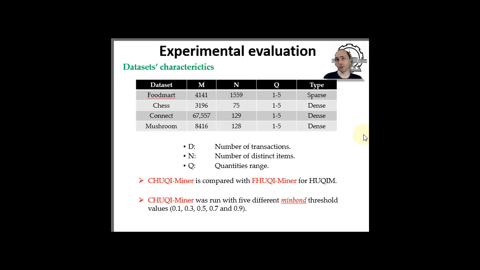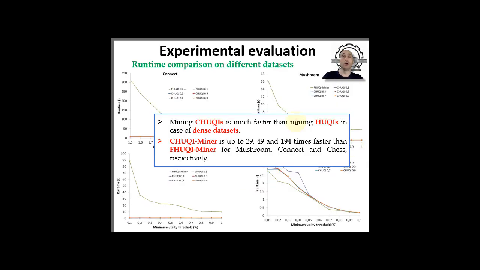So we did some experimental evaluation to evaluate the performance of our new algorithm, CHUQI-Miner. We compared with the previous best algorithm, FHUQI-Miner, on different databases. We use the experiment on 4 databases, and here we change the parameter, the minimum utility, and we look at the time.